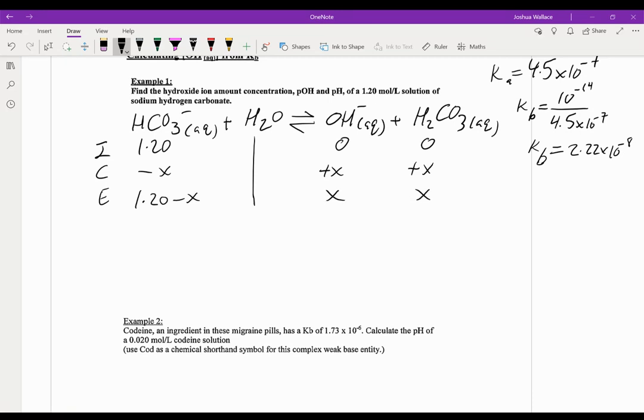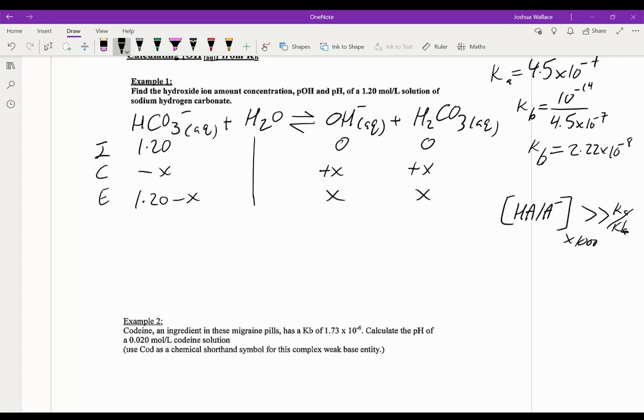Now, I made a note on the side here in the notes that HA or A minus, as long as the concentration of that is 1,000 times greater than my Ka or Kb, then I can actually do this kind of a shorthand route.